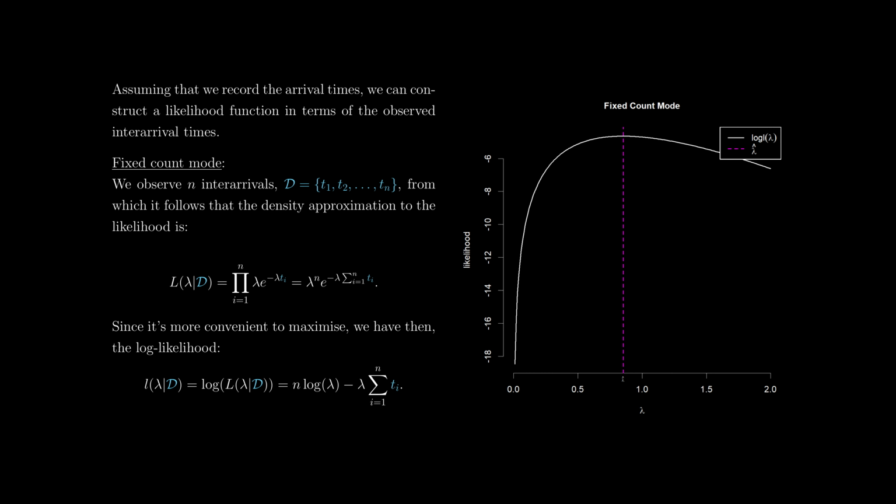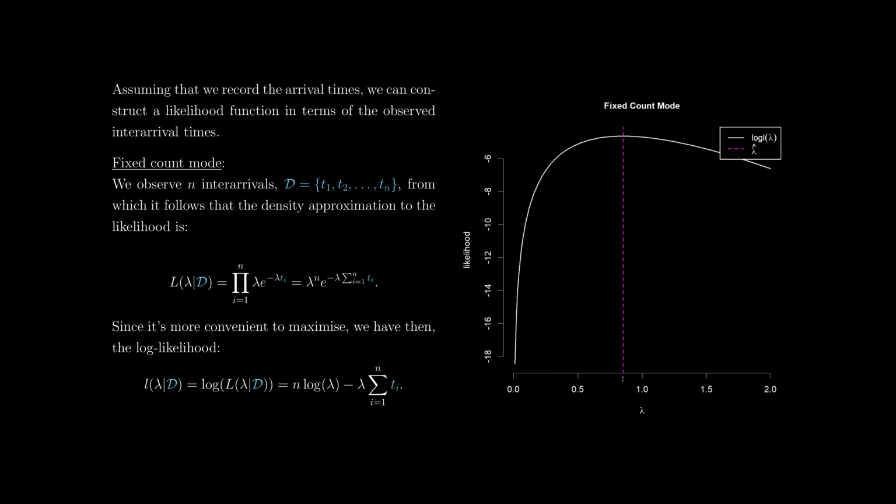Under our first observational scheme, which we refer to as fixed count mode, which you might recognize from our simulation schemes, we observe exactly n interarrivals to give us a data set, which I'll denote cal-D, of interarrival times t1, t2, all the way up to tn for that exact fixed n.